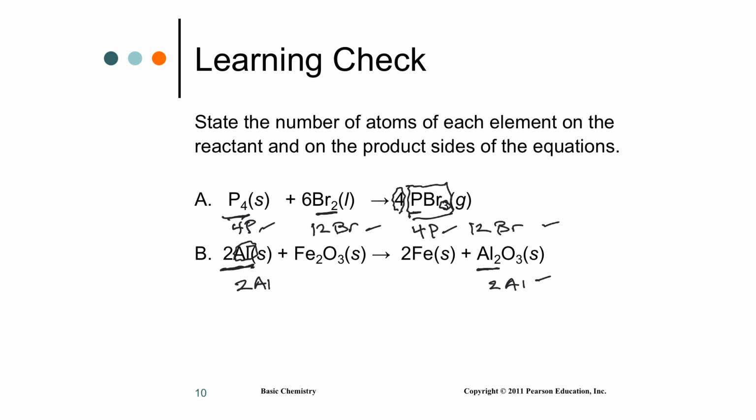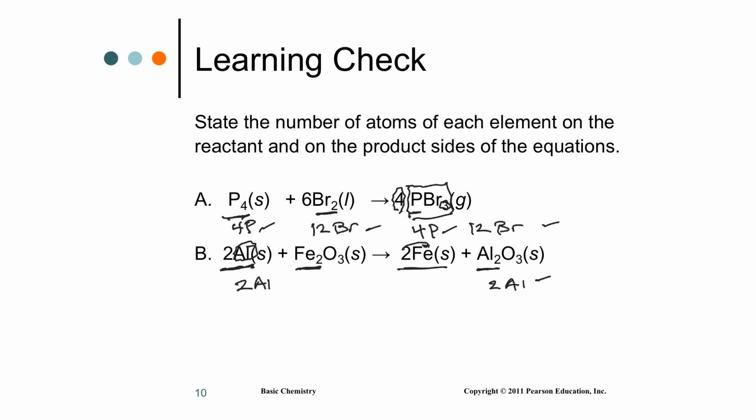What about my iron? This is embedded inside a molecule. I've got 2 of them. What about here? This is not in a molecule. That's 2 iron atoms. So I've got 2 atoms. And then I've got this, embedded in subscripts. When it's not embedded, you have coefficients. A coefficient just means I have 2 of them.